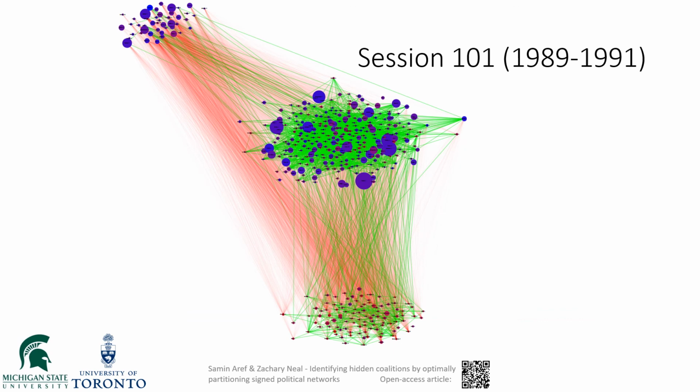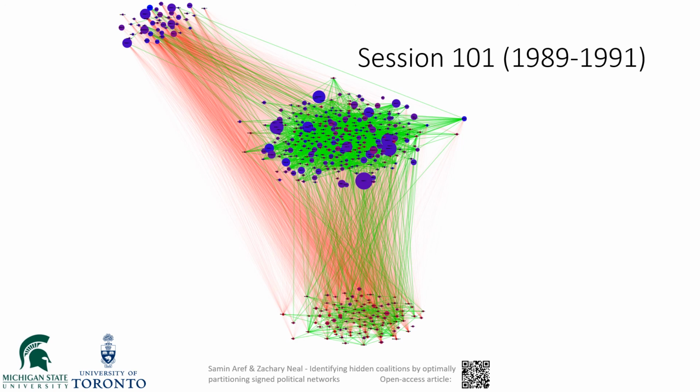Many of these findings are visible in depictions of the signed network, where positive edges are shown in green and negative edges are shown in red. This figure illustrates the network during the 101st session, when the House of Representatives was controlled by Democrats. The majority coalition, composed mainly of liberal Democrats in blue, appears in the middle. The minority coalition, composed mainly of conservative Republicans in red, appears at the bottom.